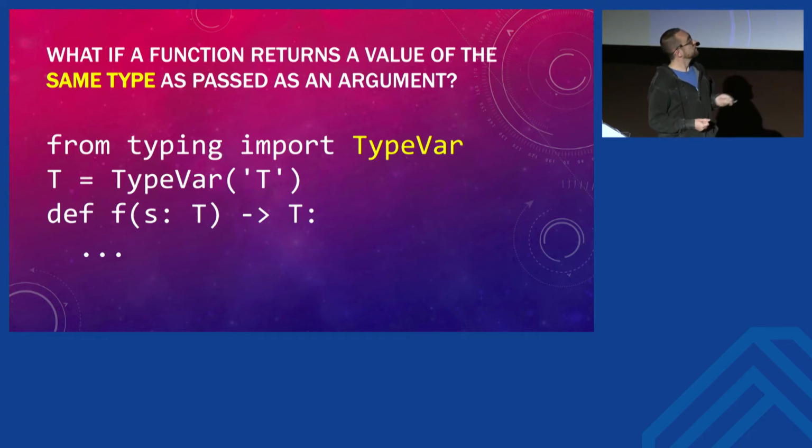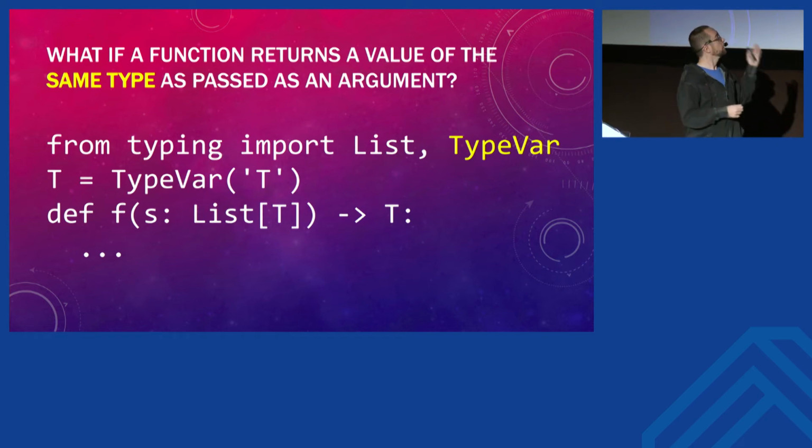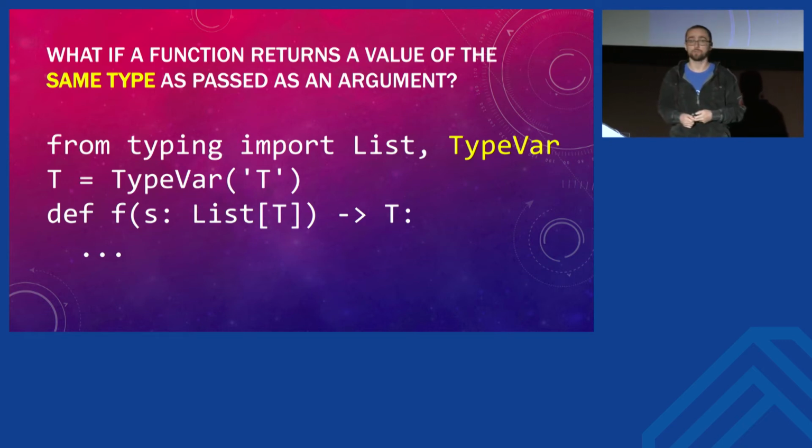This is a pretty nice syntax. It looks like generics because this is mostly what you're going to use it for. But sometimes this is actually useful for elements of a collection, and you can use it like this as well. You can say, I actually have a list of T and I'm going to return one of them, I don't know, the first one or the biggest one or whatever that means for our particular function.